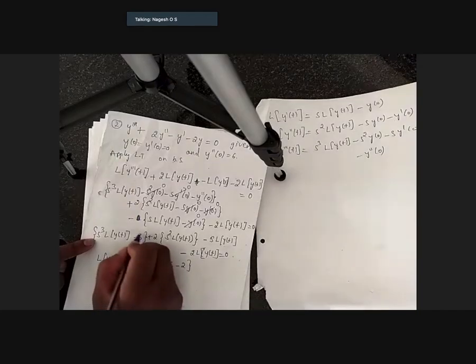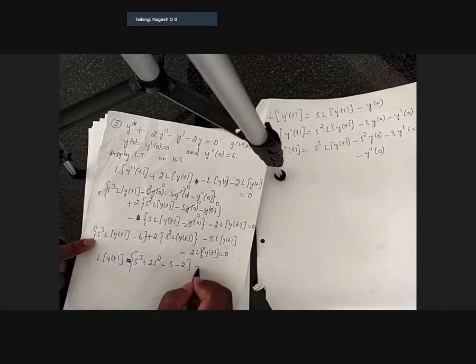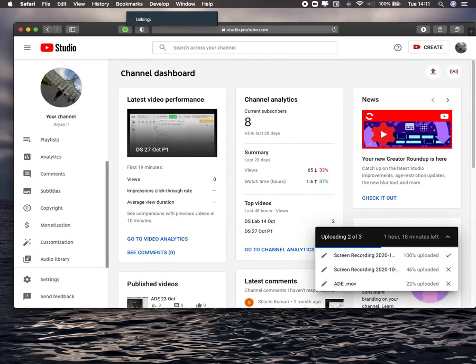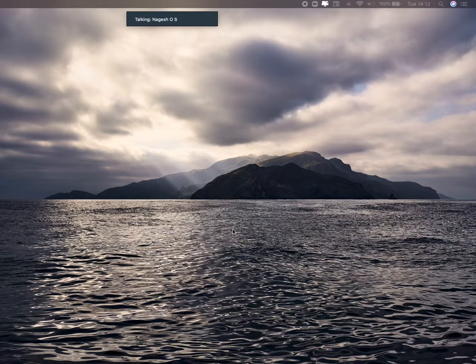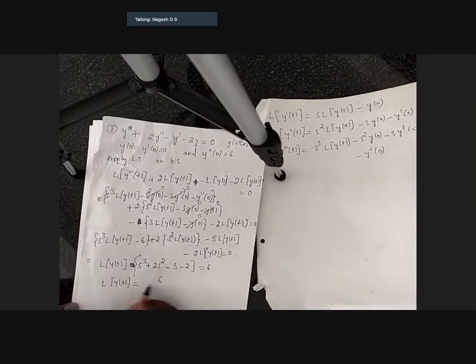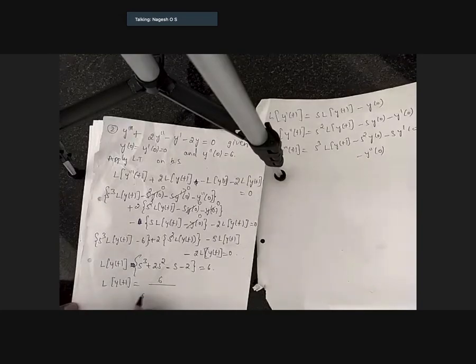Minus 6, I will transpose that minus 6 to this side, so it will become plus 6. Laplace transform of y of t is equal to 6 by s cube plus 2s square minus s minus 2.